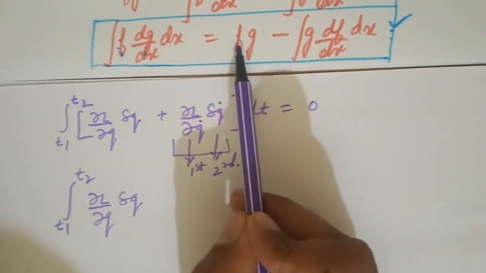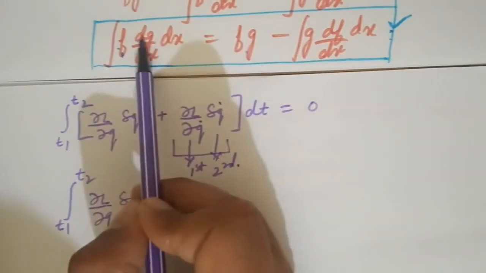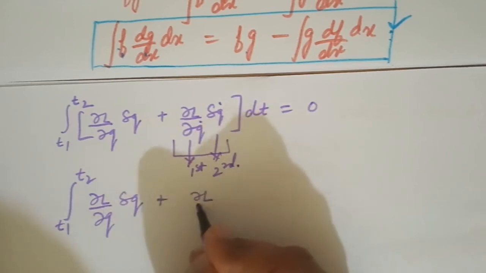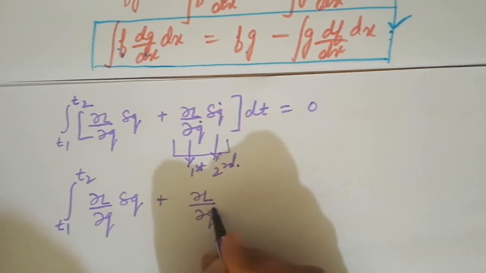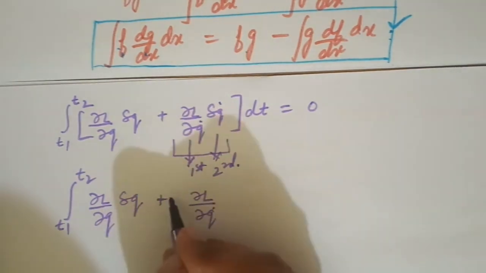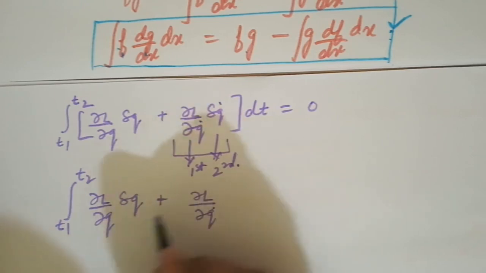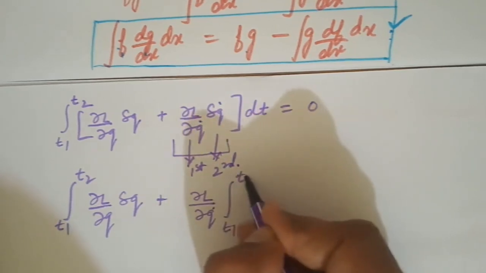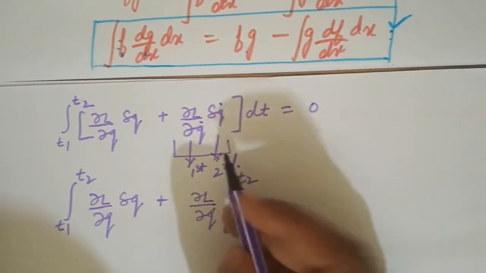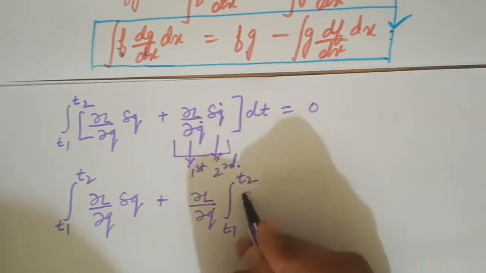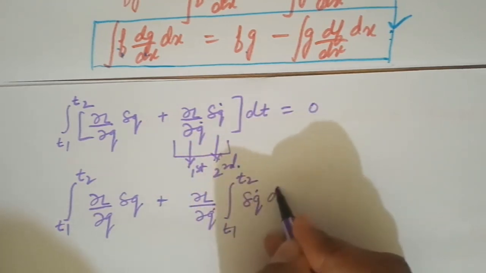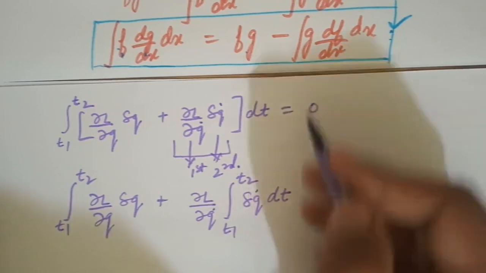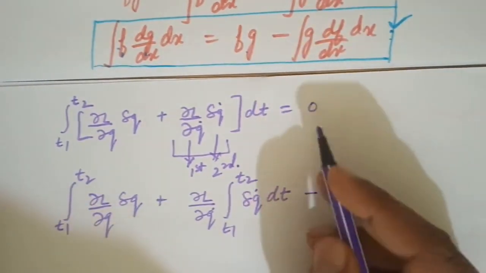So I have first function, integral of second function. So first function is delta L by delta Q dot. Then integral of second function. So what is the second function here? Delta Q dot. And what do I have here? Minus.